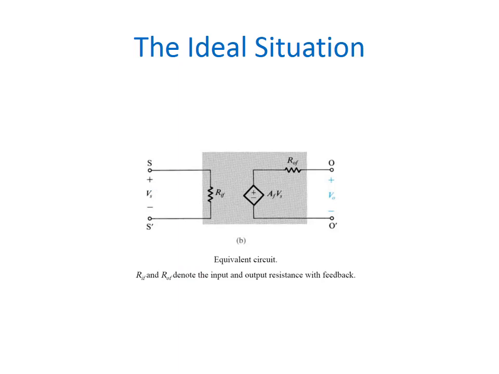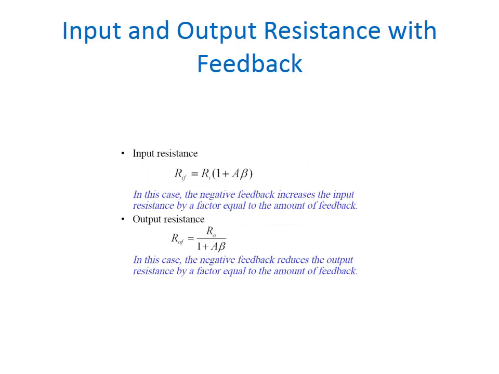including the feedback network. So here the input resistance can be calculated using RIF equal to Ri into 1 plus A beta. Here RIF is nothing but the input resistance with the feedback, and Ri is nothing but the input resistance without feedback. So in this case the negative feedback increases the input resistance by a factor equal to the amount of feedback.